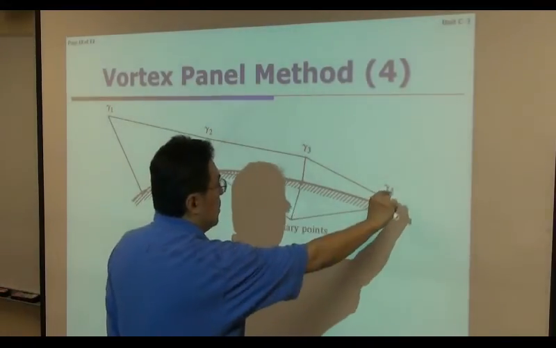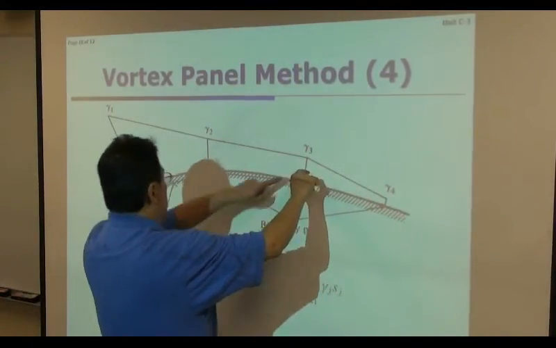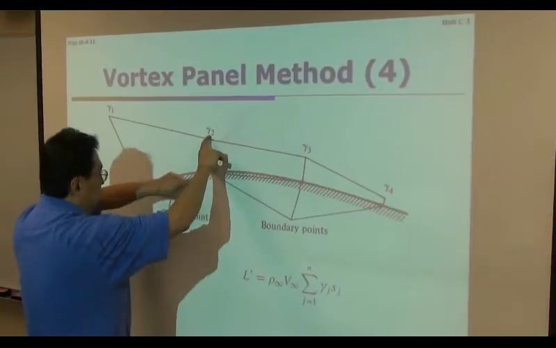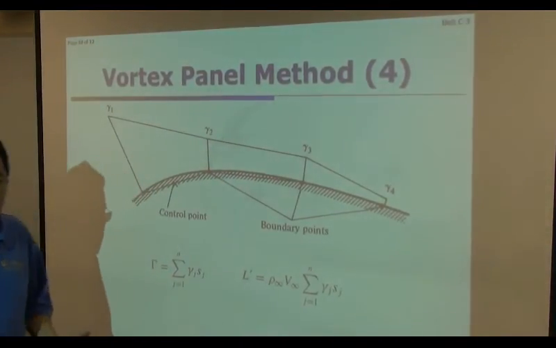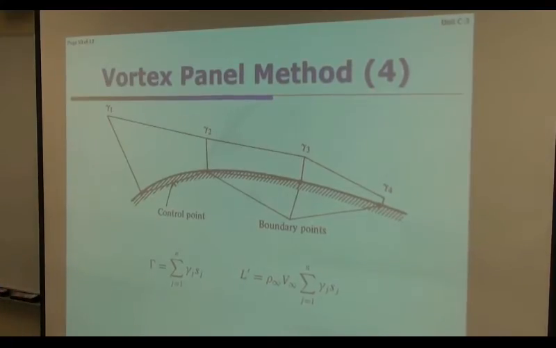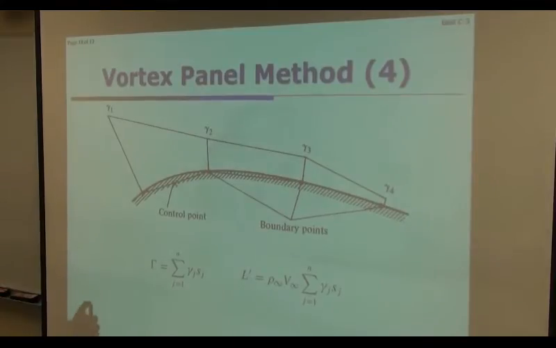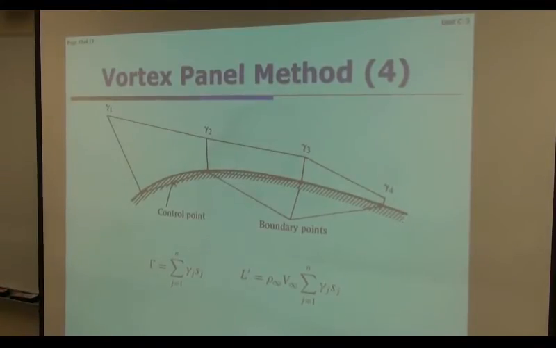So this panel comes with this much uniform circulation. This panel comes with different circulation. This panel comes with different circulation. That's called the first order code. In order to use the first order code accurately, you need to probably have a little bit larger number of panels, okay, in order for accuracy.